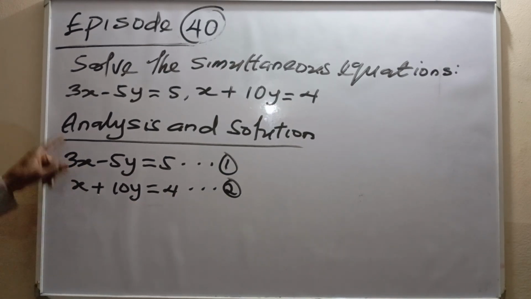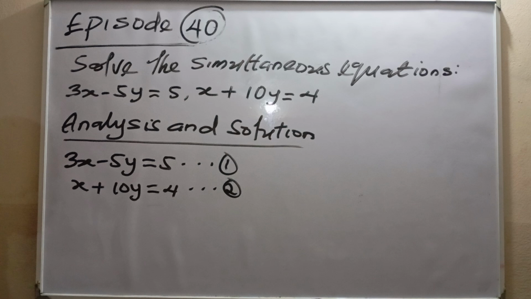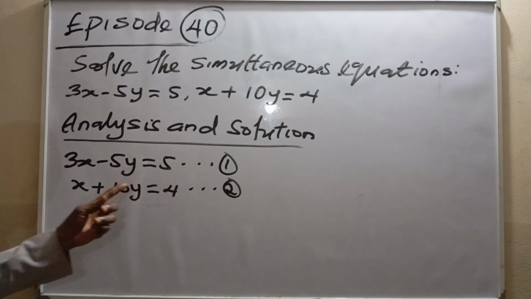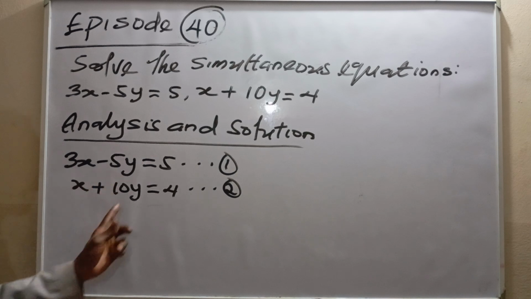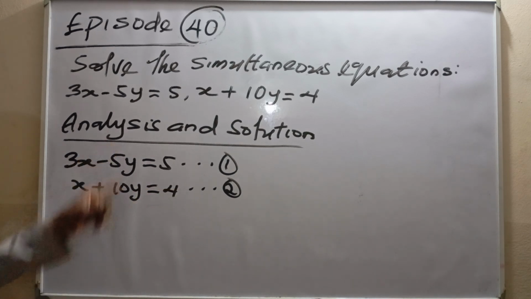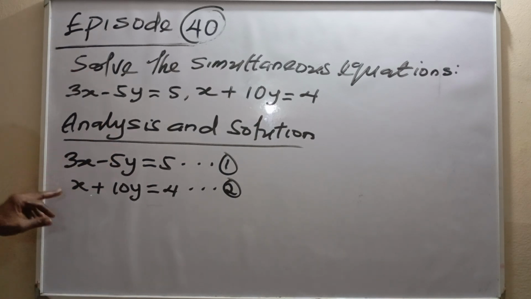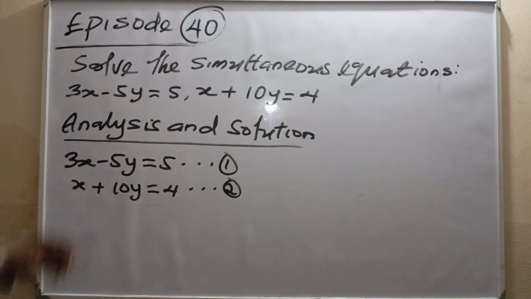So they are not uniform, they are not the same. Coming to y also, in equation 1 the coefficient of y is minus 5, and the coefficient of y in equation 2 is plus 10. So they are not the same.